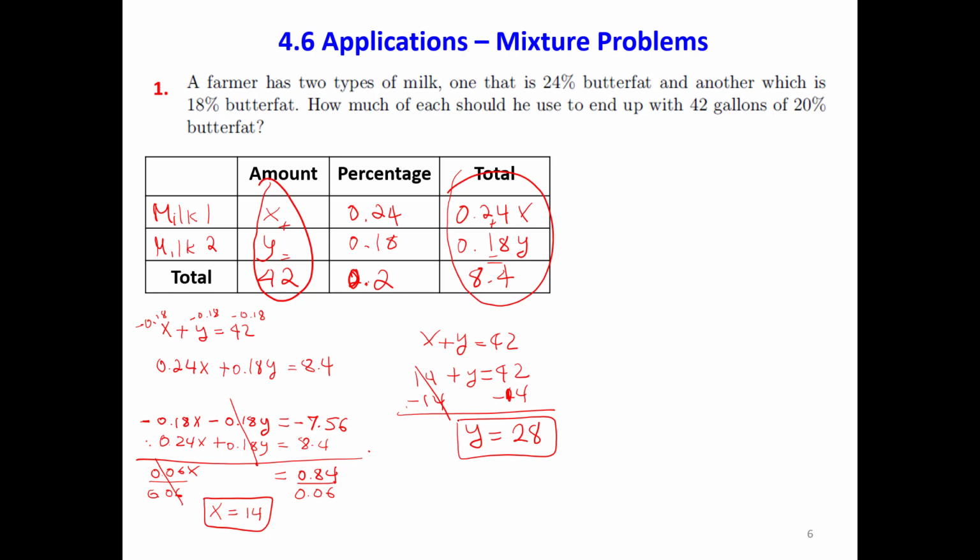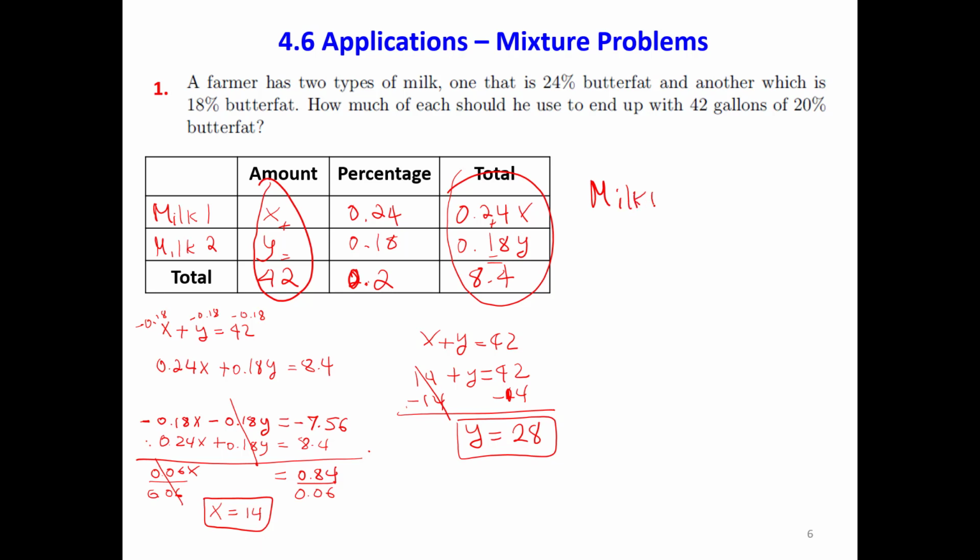Now we can answer the question: how much he needs of milk 1 and how much of milk 2. If he combines these two milks, he can get 42 gallons of 20% butter fat milk.